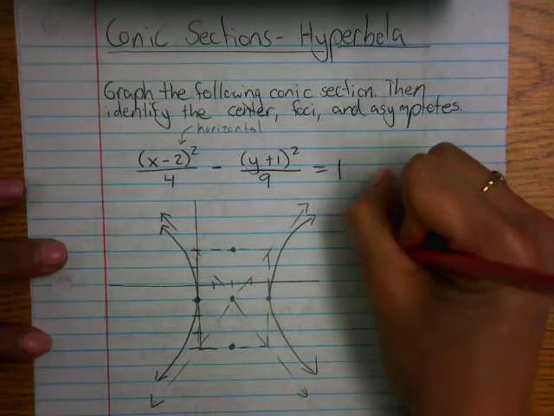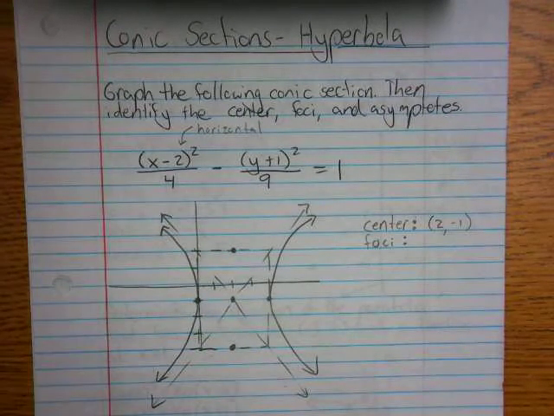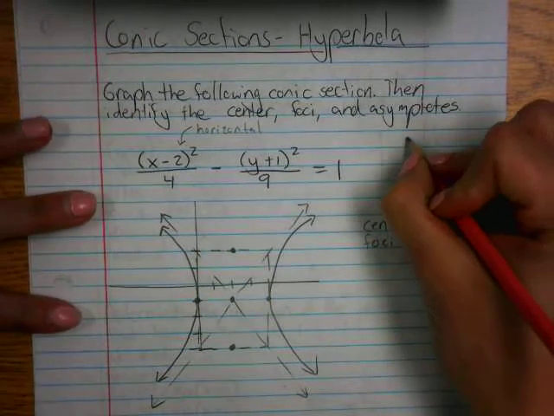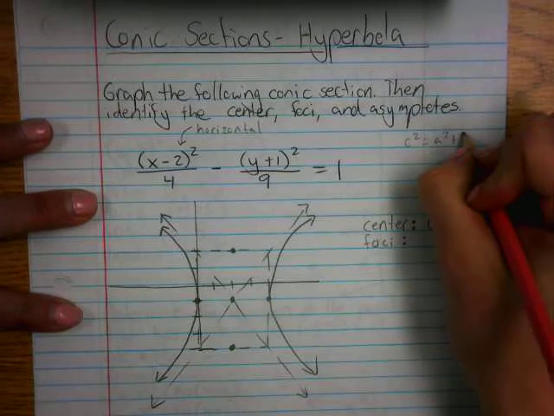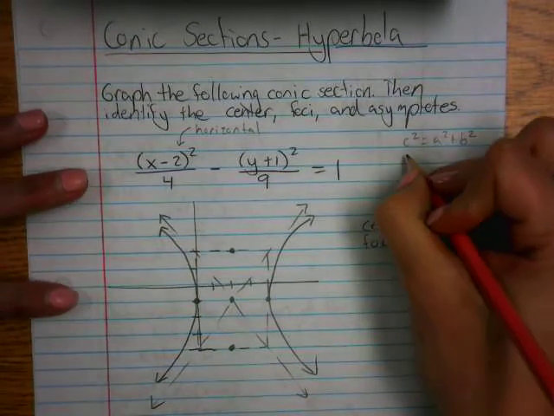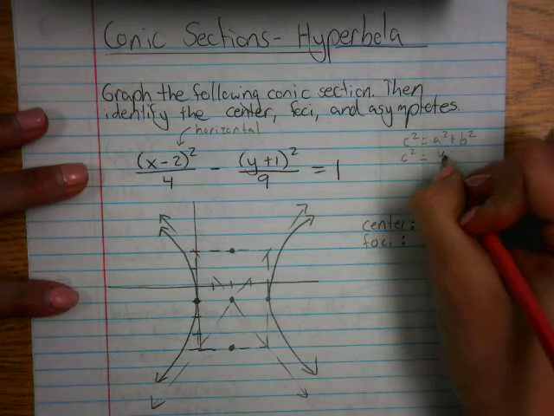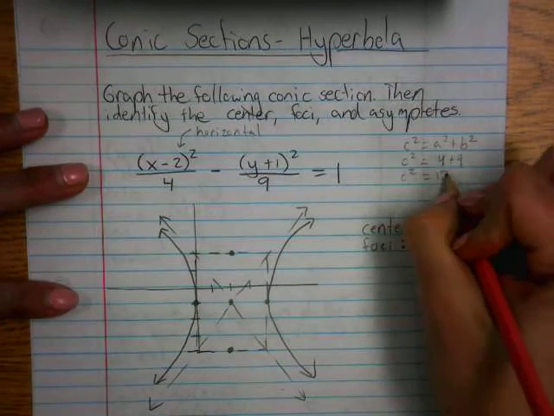Let's go ahead and find the foci, since I'm also asked for that. Now remember, to find the foci we need to use our c value, because c is the distance from the center to the foci, and I can find c because c squared equals, for a hyperbola, a squared plus b squared. So I'm going to add my denominators and say c squared will equal 4 plus 9, which is 13.